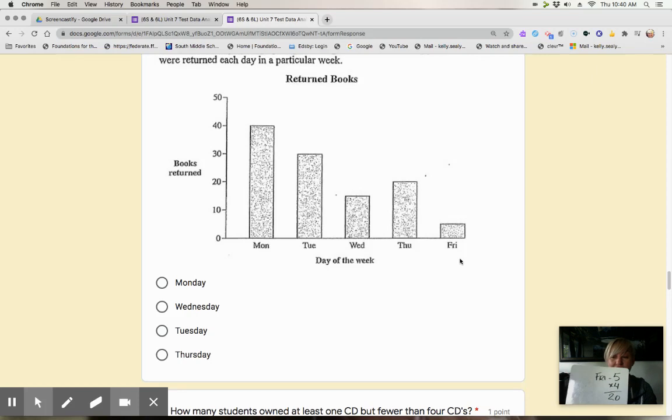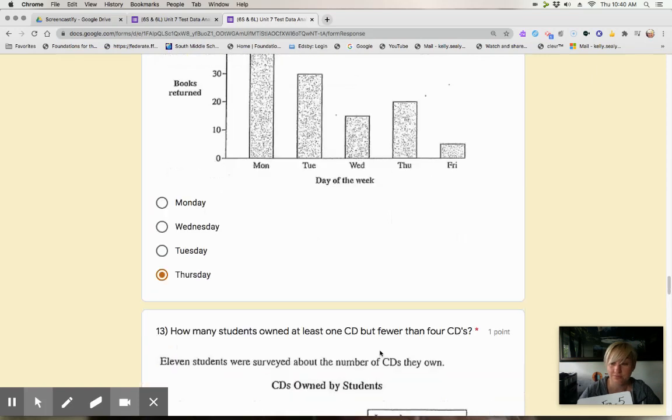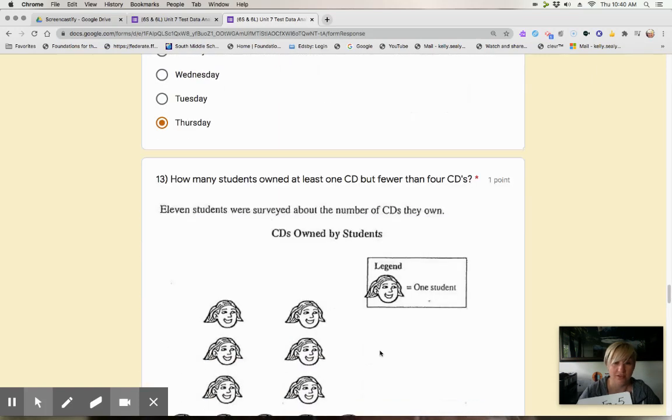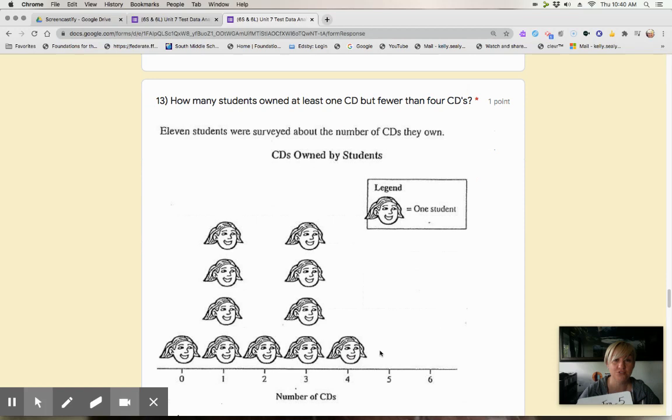Is it frozen? Oh, well. The one that lines up with 20 is Thursday. Along the top, the Thursday bar lines up with 20, so I select that one. Okay, question 13. How many students owned at least 1 CD but fewer than 4 CDs?